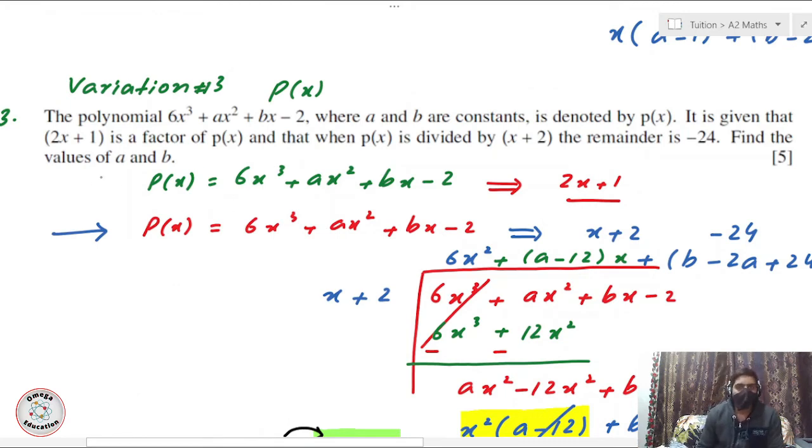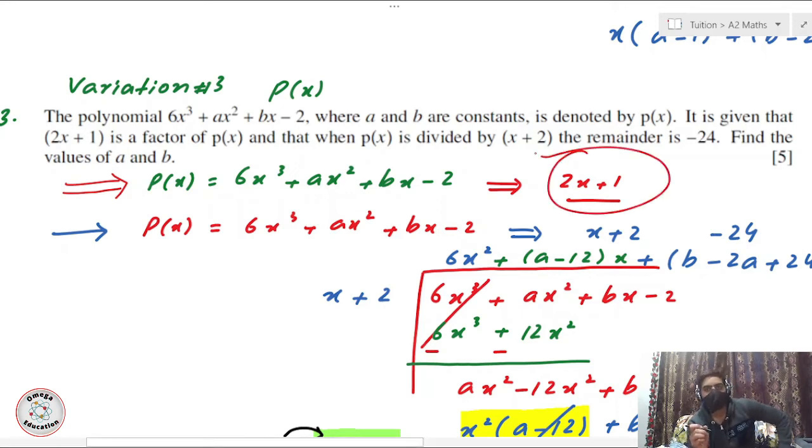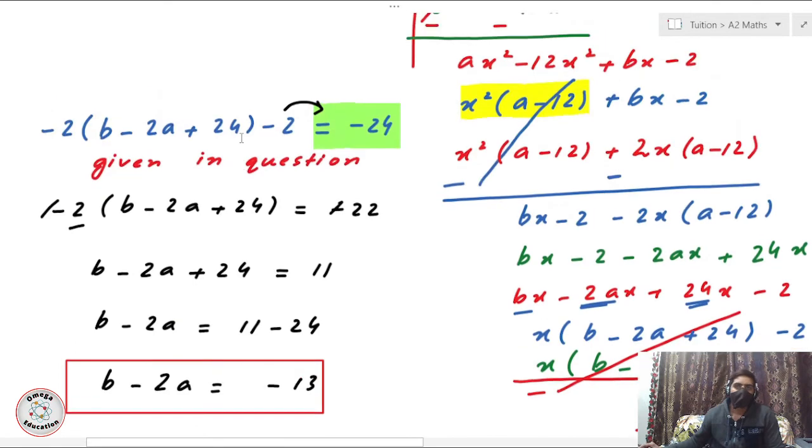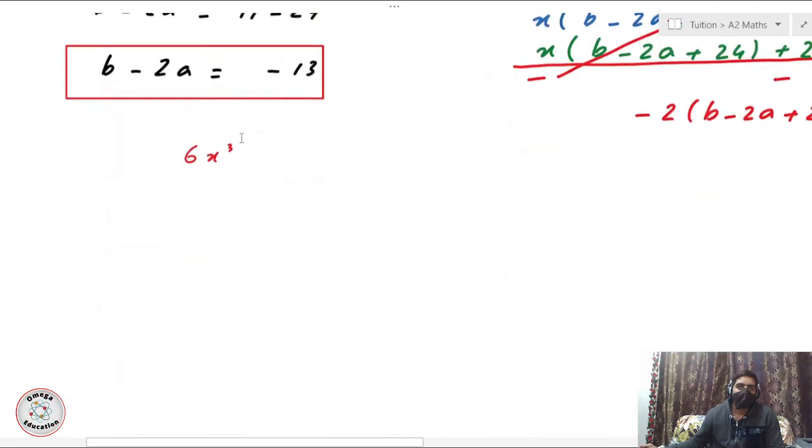Now go back to the question I've written, the very first line over here. Now the polynomial 6x cubed plus ax squared plus bx minus 2 has a factor 2x plus 1. Now think about it.